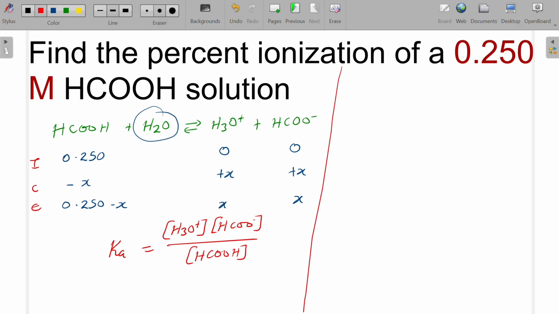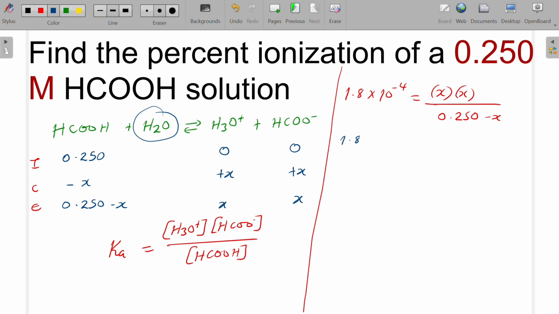Our Ka for formic acid is a value that you should know. The standard value is 1.8 times 10 to minus 4. And this will be equal to x and x at equilibrium, over 0.250 minus x.